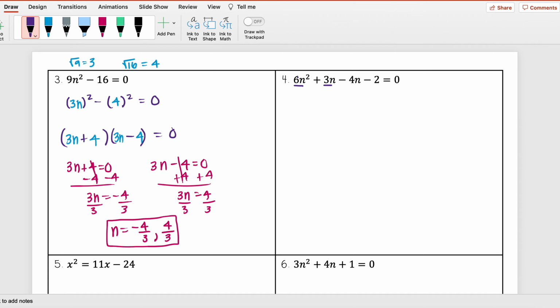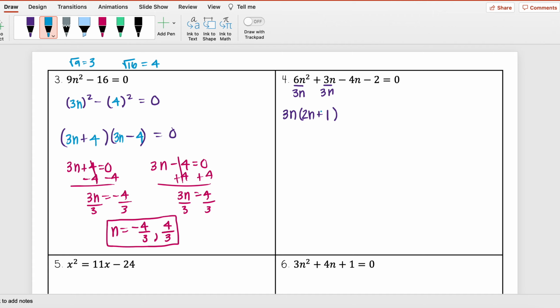So GCF of 6 and 3, I have 3, and then they both share an n, so I'm going to be dividing out with 3n. 6 divided by 3, I get 2n. And then 3n divided by 3n, I have the same thing on top and bottom, so that's just going to be 1.